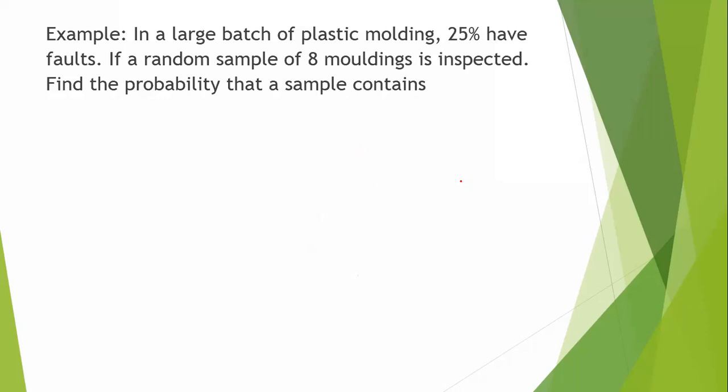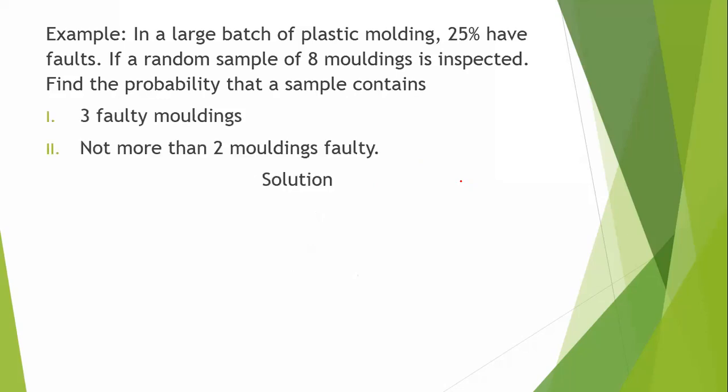Yes, sir. Okay, so let us do this second example. In a large batch of plastic moldings, 25% have faults. If a random sample of 8 moldings is inspected, find the probability that a sample contains 3 faulty moldings, and not more than 2 faulty moldings.